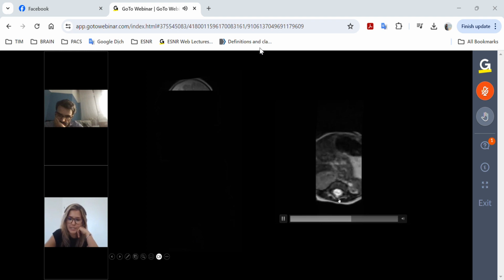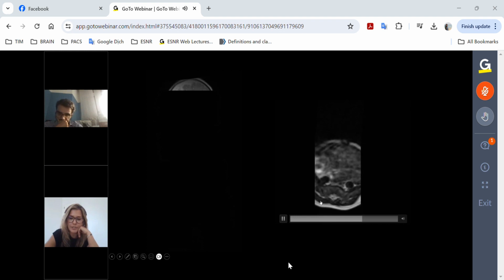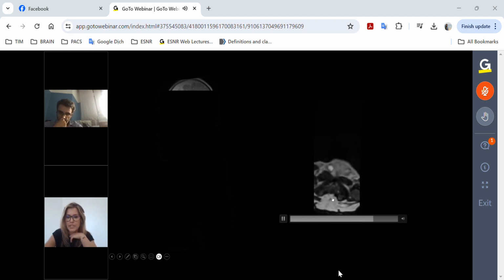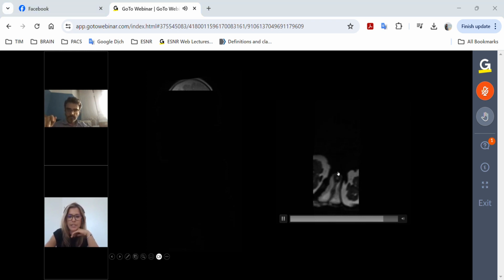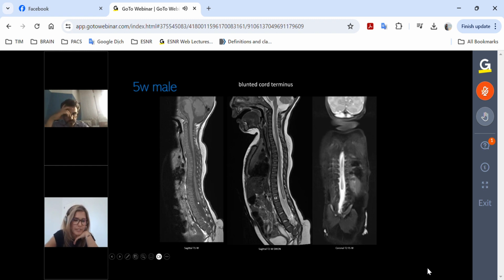You can see it here, and then there is no more medulla, and after the first part of the sacrum there is no more sacrum, there is no coccyx, and he was already operated, of course, for the imperforated anus at the time we did the MR. So this is the aspect. It's abrupt and it stops exactly at the lower border of the first vertebra, L1.